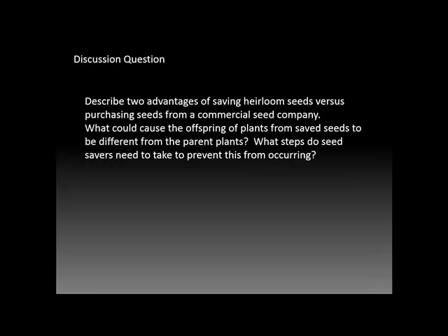And please feel free to give one or more examples of heirloom plants that are produced from saved seeds and why they might be different from their parent plant. Also, based on Dave's lecture, please describe what steps need to be taken to prevent hybridization from occurring and preventing those seeds from being consistent or the same as the parent plants.